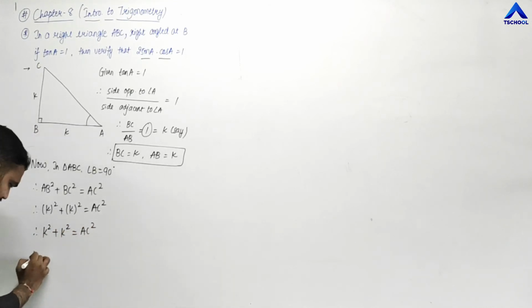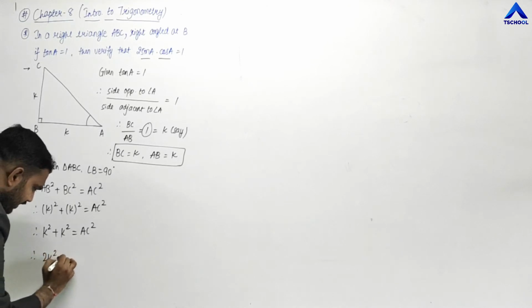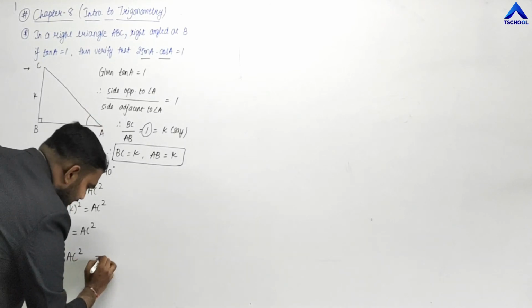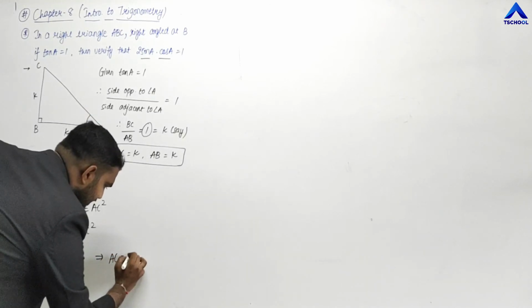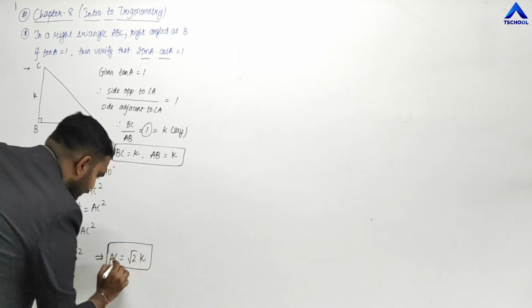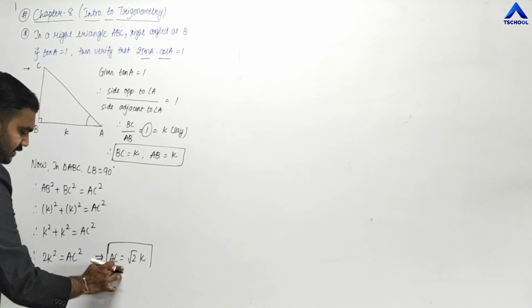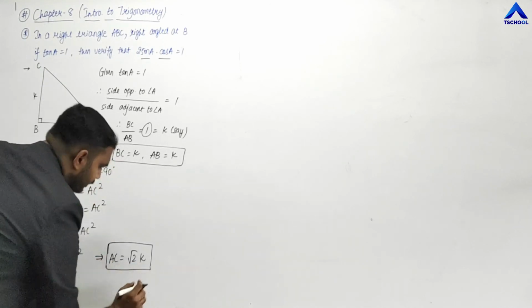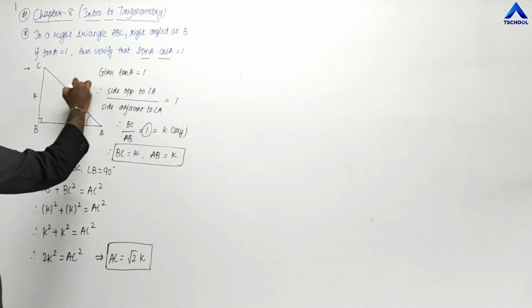K square plus K square is 2K square, equal to AC square. Taking square roots on both sides, AC is equal to root 2 K.